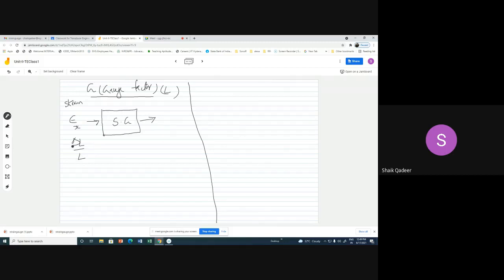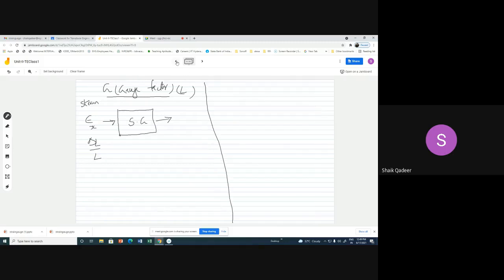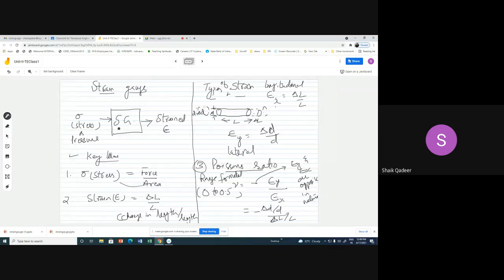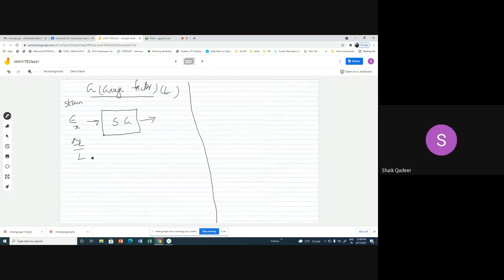I told you that the input to the strain gauge is stress and the output is strain. This is one stage of the strain gauge, so I will call it stage 1. Call this stage 2.